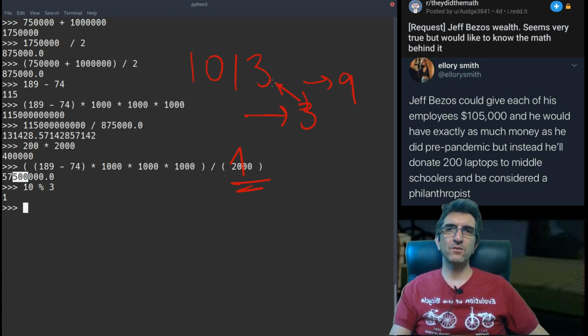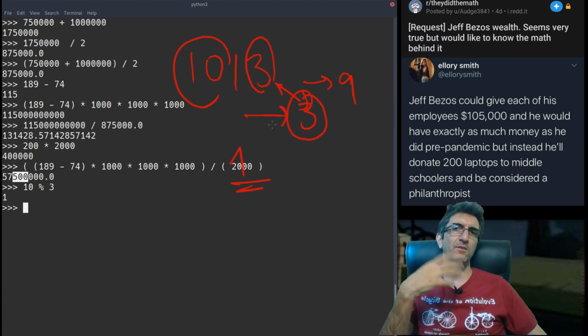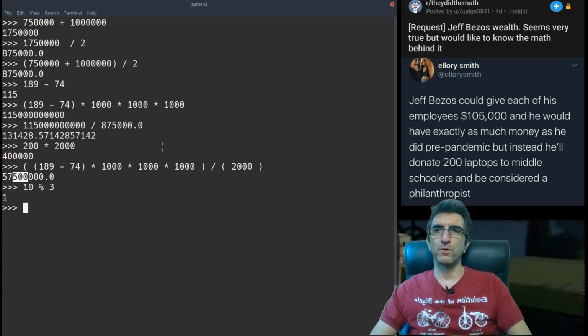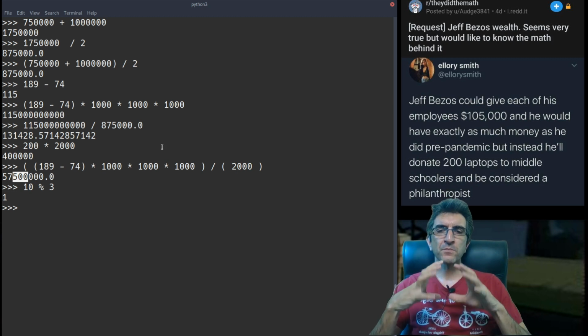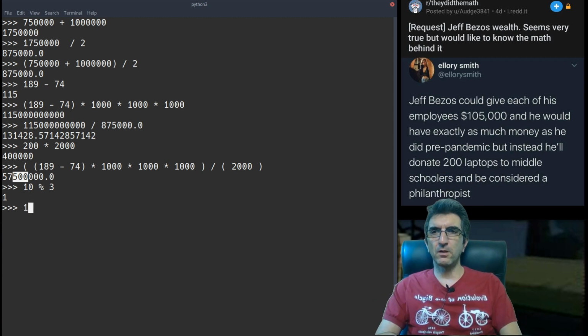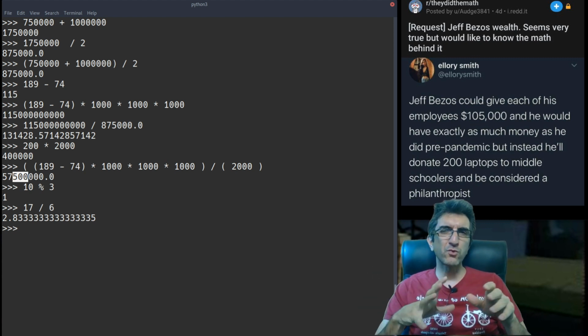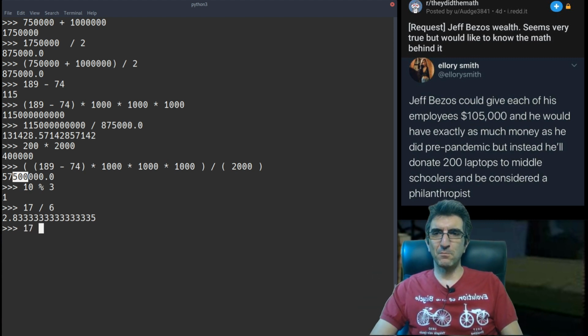How many 3s are in 10? Okay, 3. So this is the integer part of the division. What will be left from this? 1. This is the modulo operator, used in different places, and you can play with it a little bit and see, for example, 7 modulo 6.